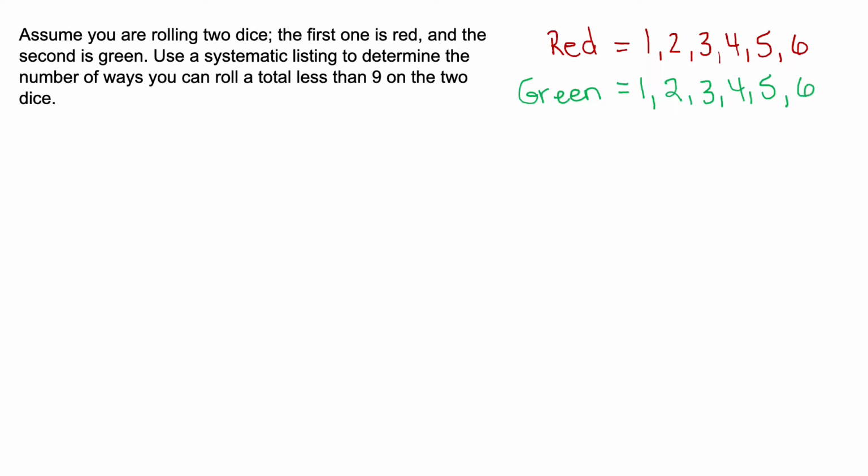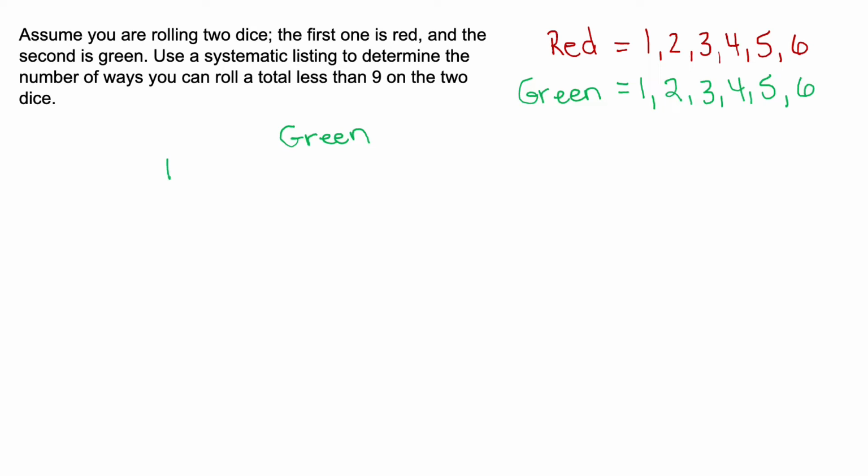In order to take a systematic approach to this, we're going to create a diagram. And we're going to have rows and columns. So the columns are going to represent the green die.